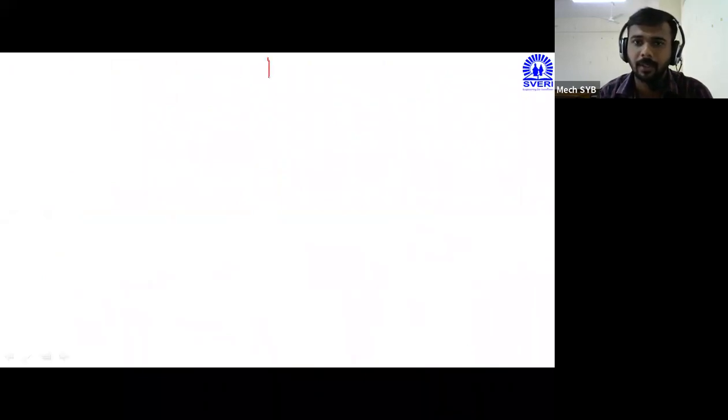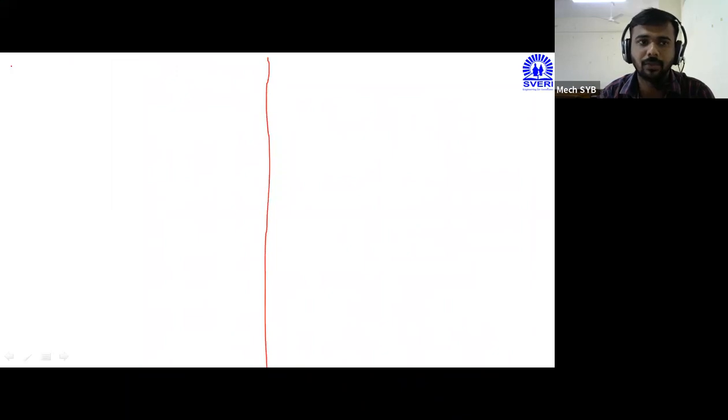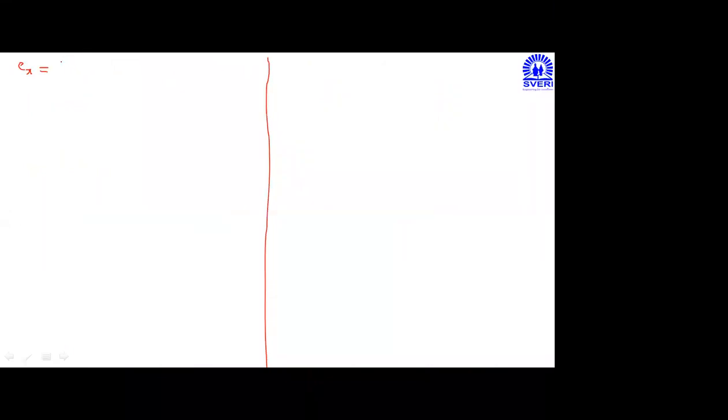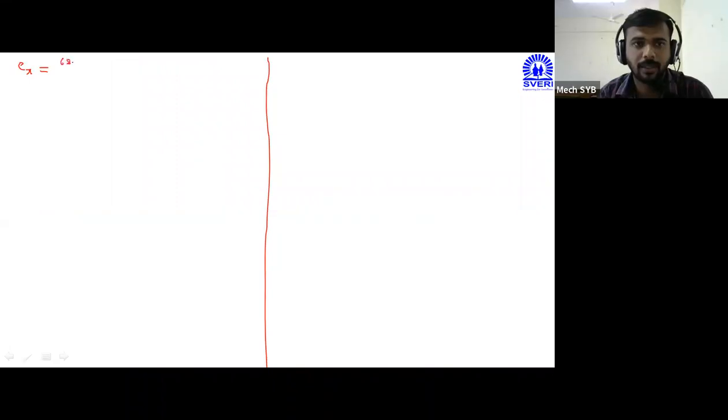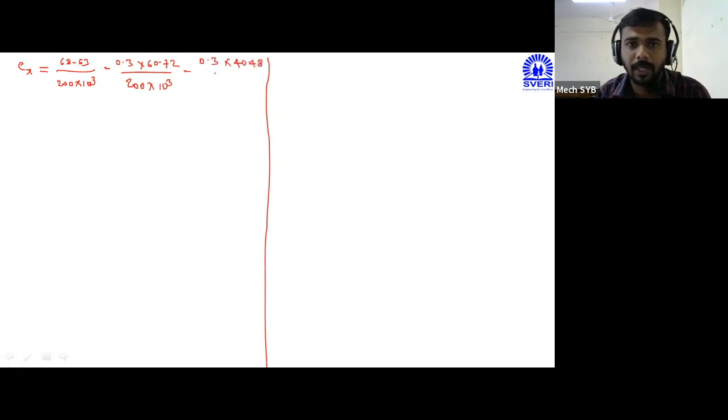So one by one, put all the values. Epsilon x is equal to sigma x upon E, so 68.63 divided by 200 into 10 raised to 3, minus mu 0.3 into sigma y, 60.72 divided by 200 into 10 raised to 3, minus 0.3 into 40.48 divided by 200 into 10 raised to 3.